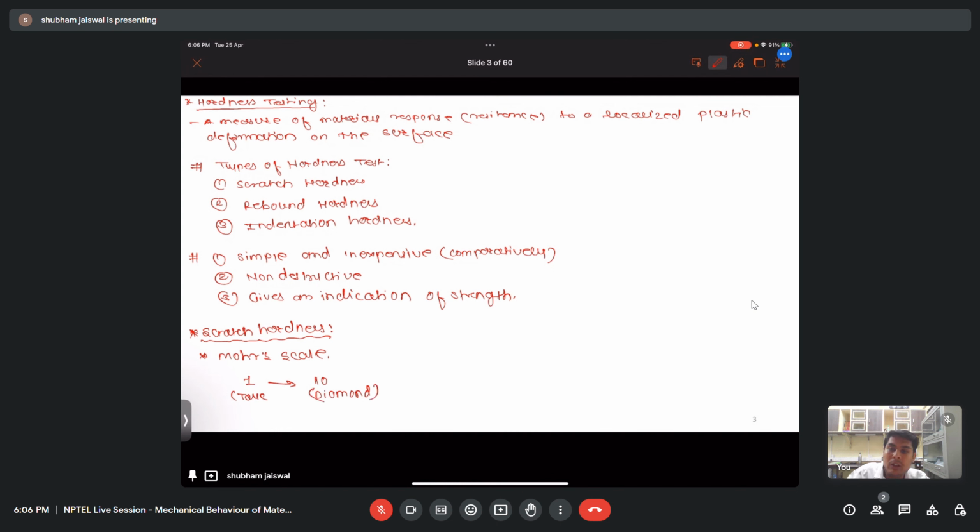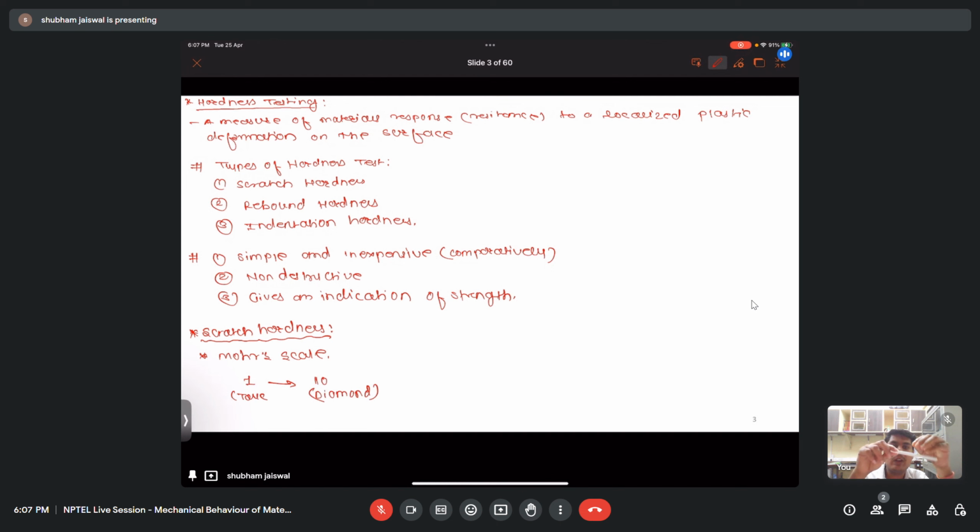So what we do in this test, we take a material and try to scratch it with these 10 materials that we have. If I want to know the hardness of this pencil, I can simply try with my nail. If it is scratching, it means its hardness is less than that of my fingernail.